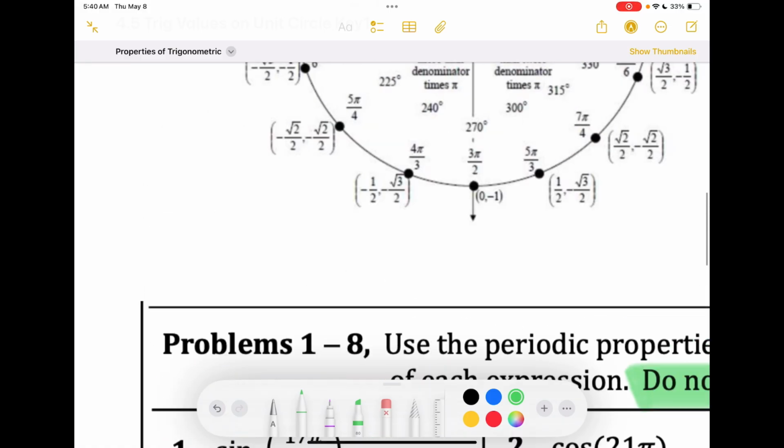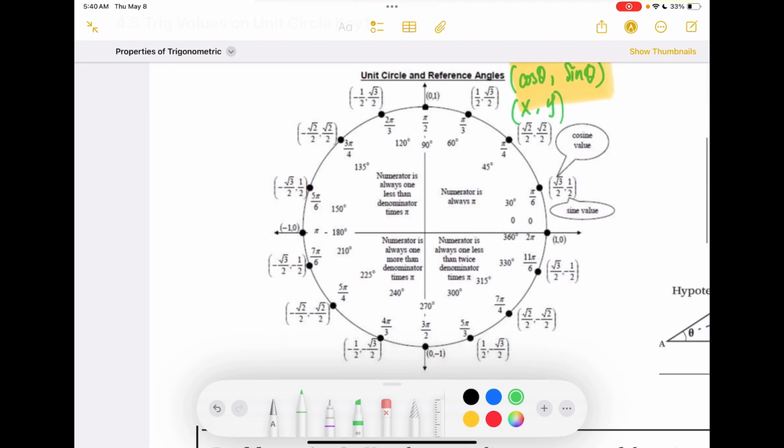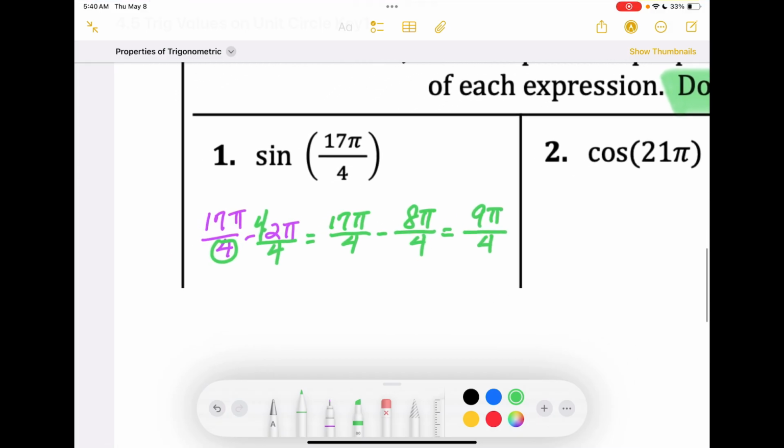Now activate your eagle eye. I still do not see 9 pi over 4 on the unit circle. What should I do? Well, too big. We can continue to minus 2 pi. The denominator is 4, so 2 times 4 becomes 8.